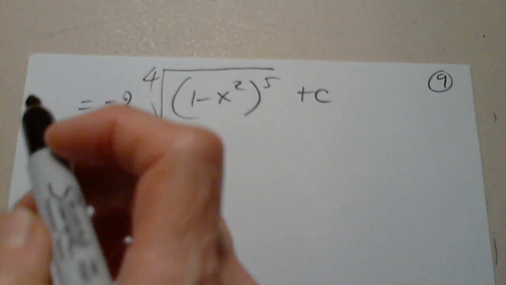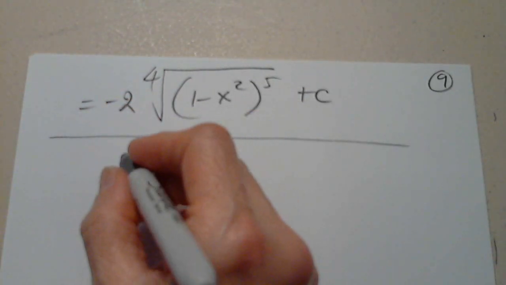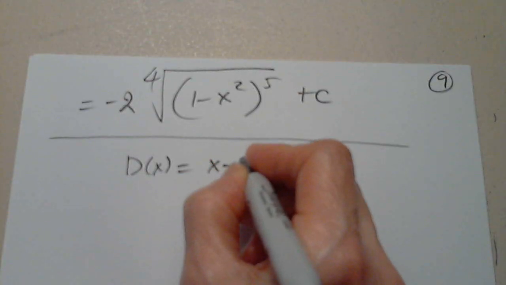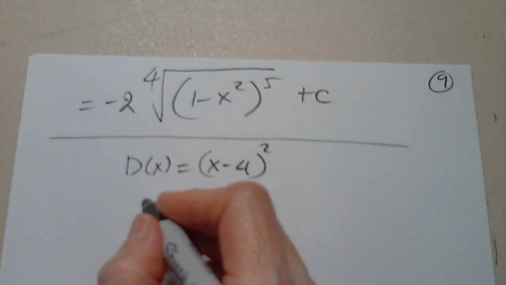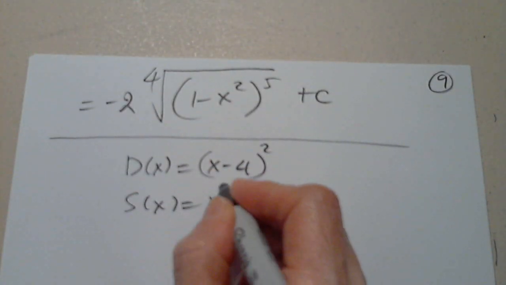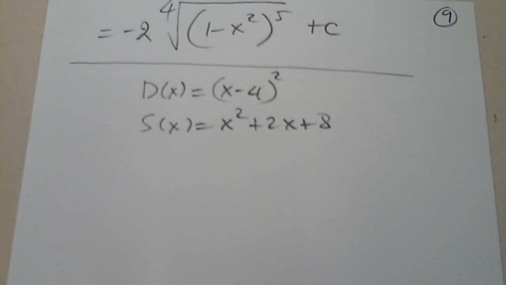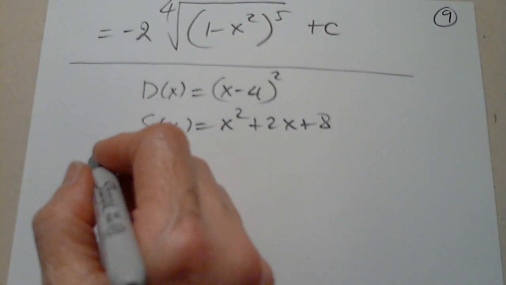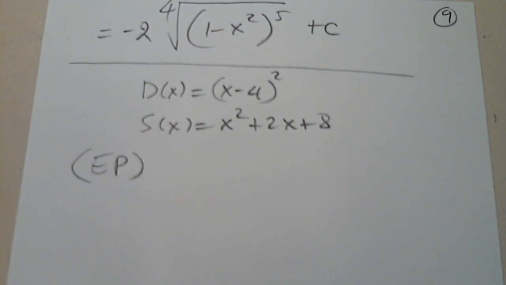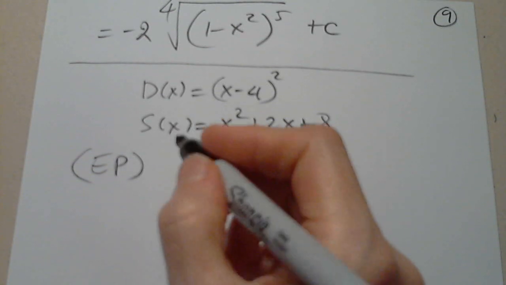Very good. So we have d of x equals (x minus 4) squared, and s of x equals x squared plus 2x plus 8. Well, first we have to find the equilibrium point. So let's do just that.